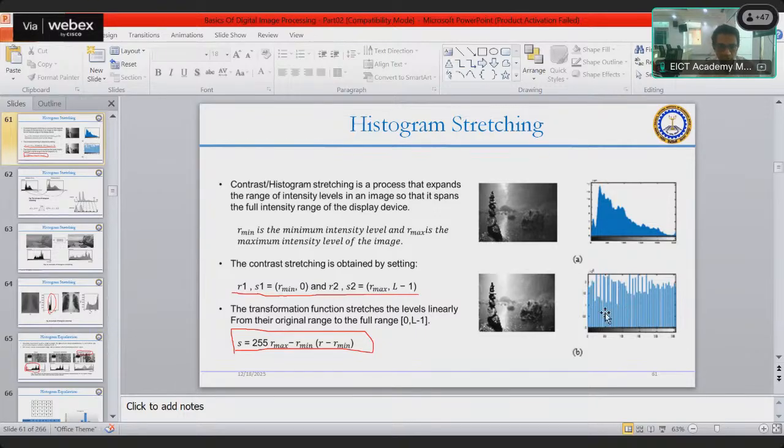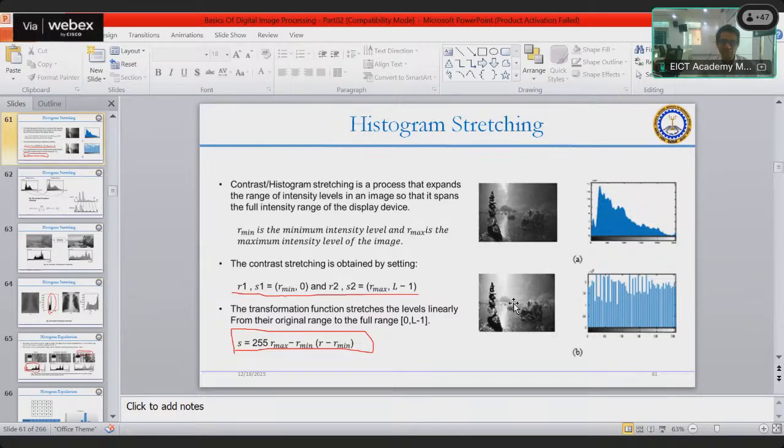Why are we doing it? If you recall, this type of image has low contrast, and the other is high contrast.